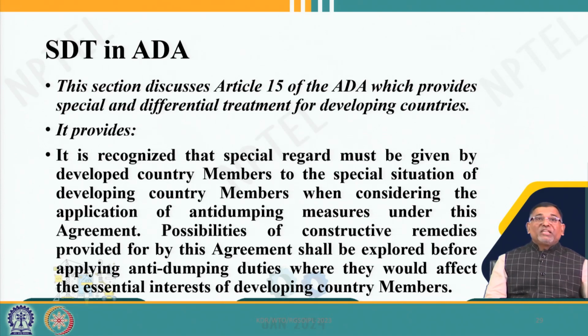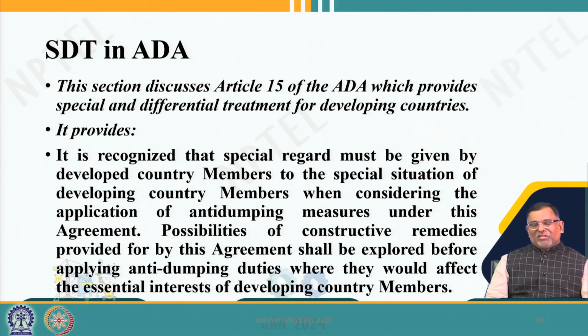And then special and differential treatment in the anti-dumping agreement. Article 15, which talks about special and differential treatment for developing countries. So, it says, this is the language which is used, special regard must be given by developed country members to the special situation of developing countries.